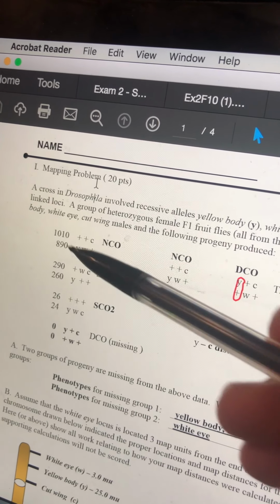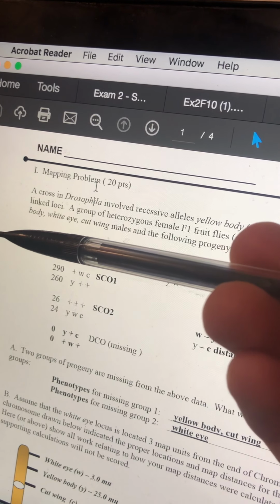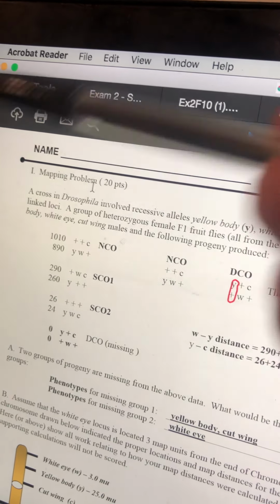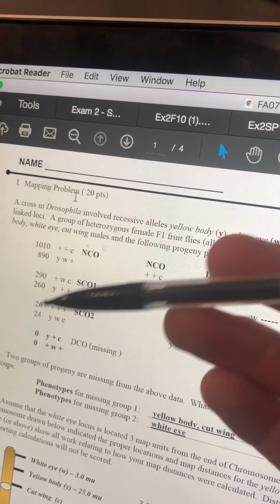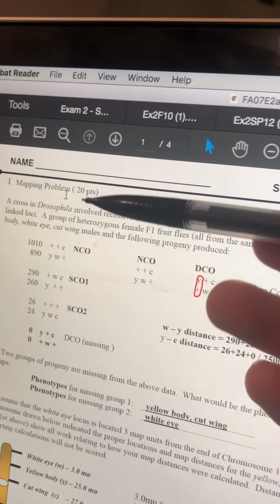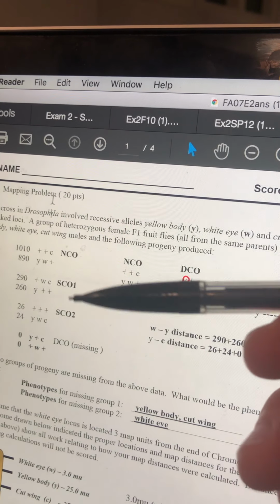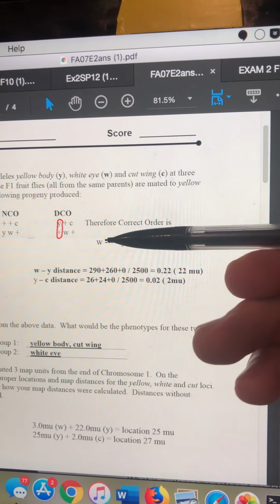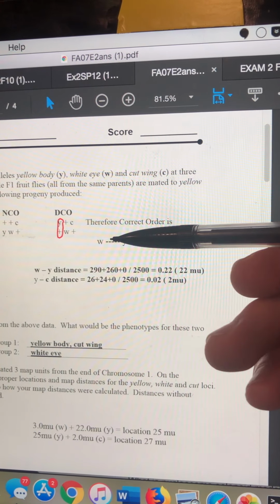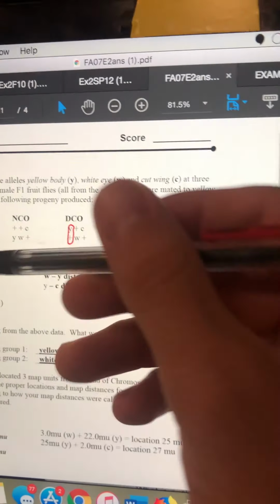So no crossing over, we can pretty much ignore from here on out, because we're only concerned with the probability that crossing over happens between, let's say, W and Y. We know this is the correct order, WYC, so we're going to find the probability that crossing over happens here and here.